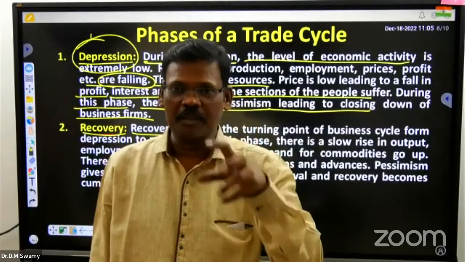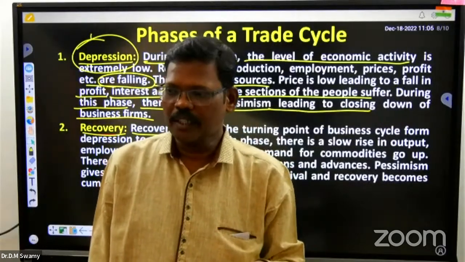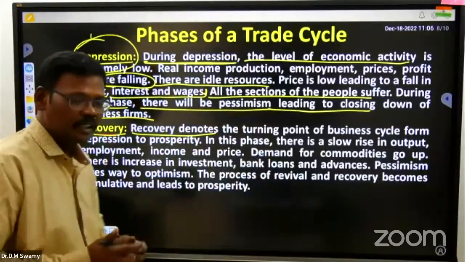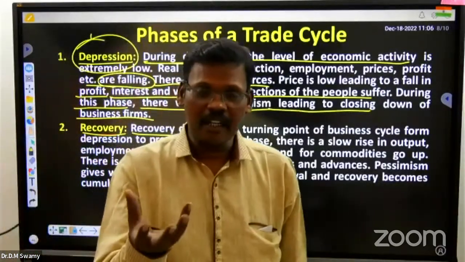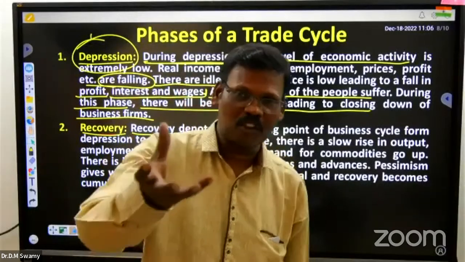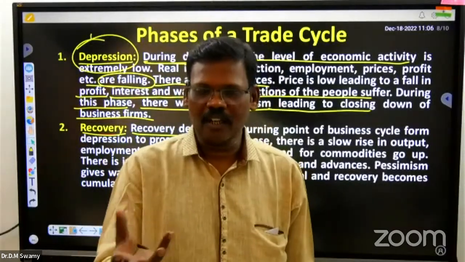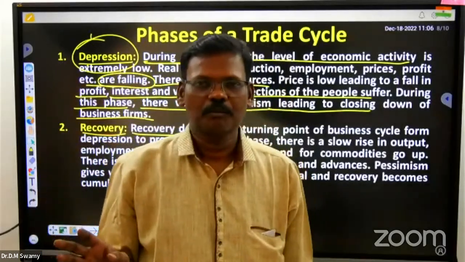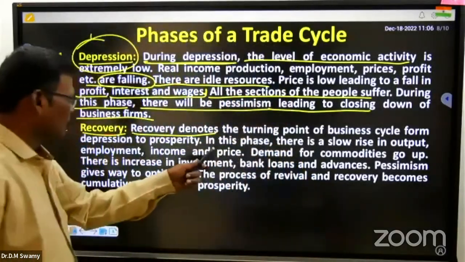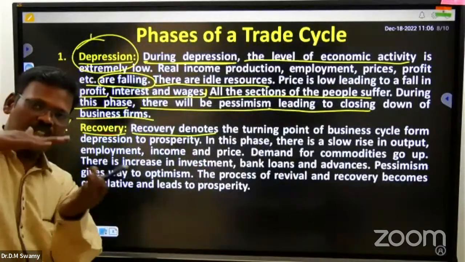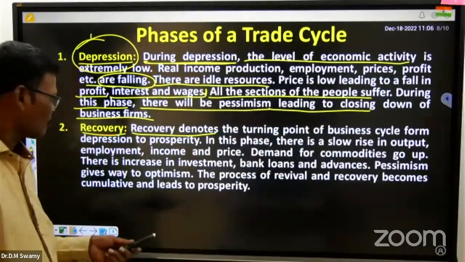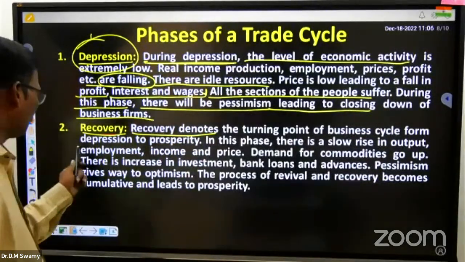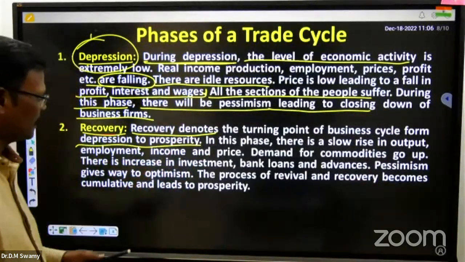With the help of these measures, economic activities will automatically start improving and developing in the economy, so it will go towards the prosperity. So recovery denotes the turning point of the business cycle from the depression to the prosperity.